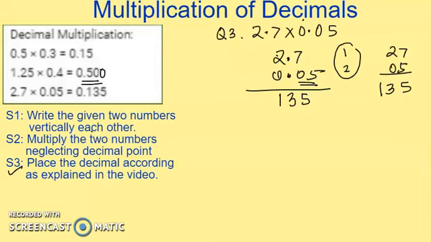So the total number of digits is 3. So from the extreme right you count 3 digits, 1 2 3, and put the decimal here and place a 0 here. So 0.135 is our answer, as you can see over here.